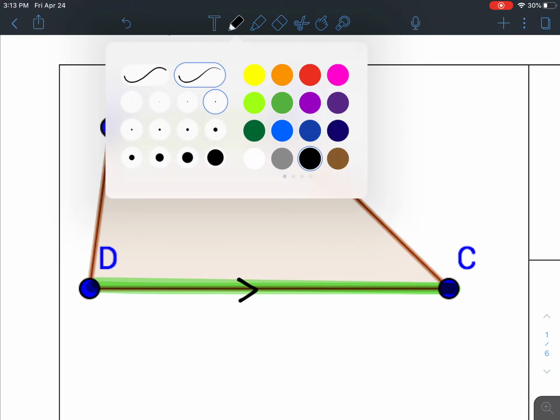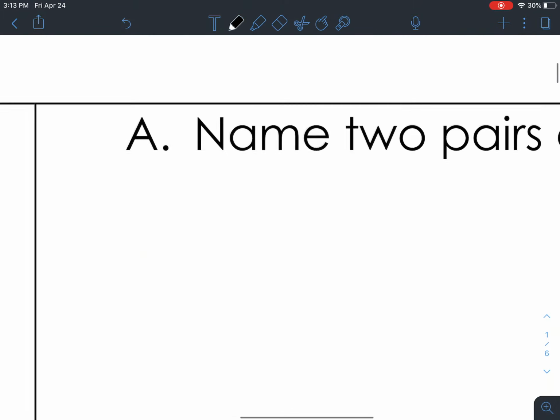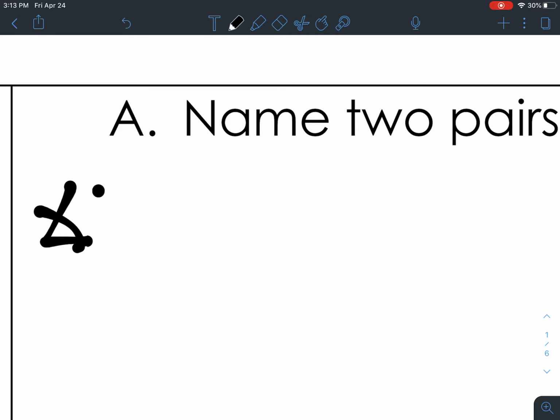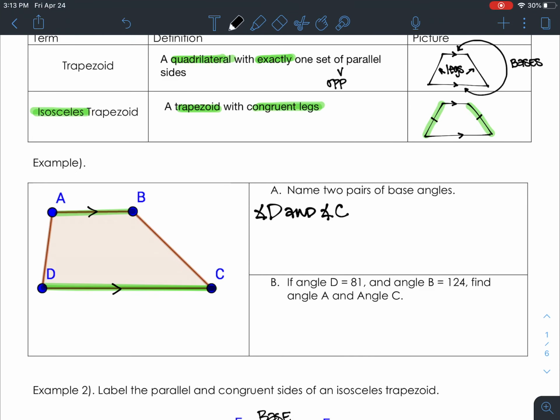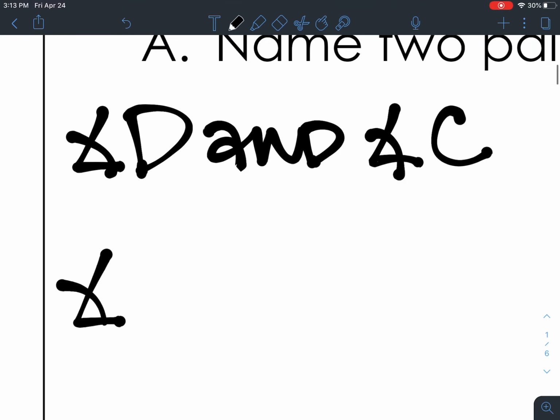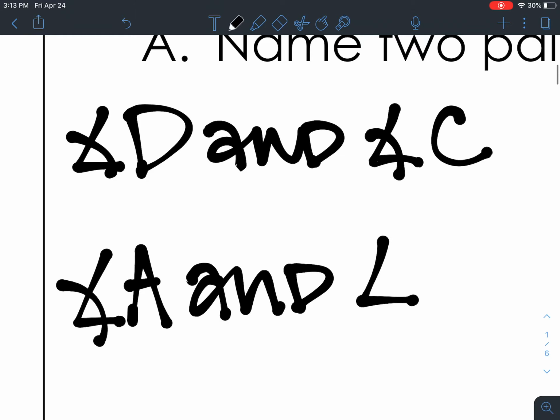Well, it's angle D and angle C, which means that angle D and angle C are a pair of base angles. Same idea with AB, it is also a base, which means that angle A and angle B are also a pair of base angles.